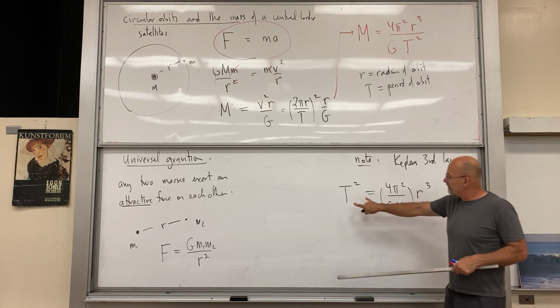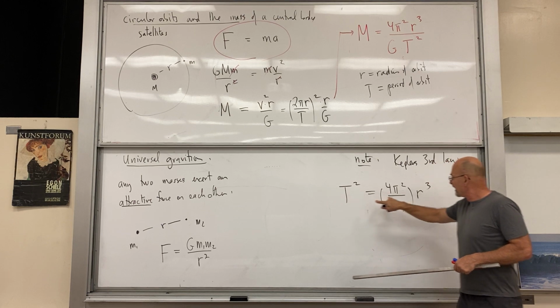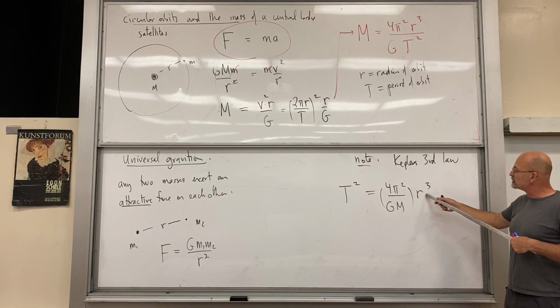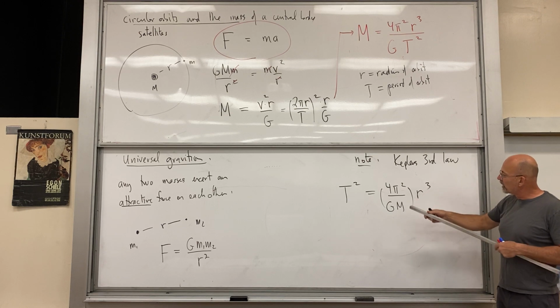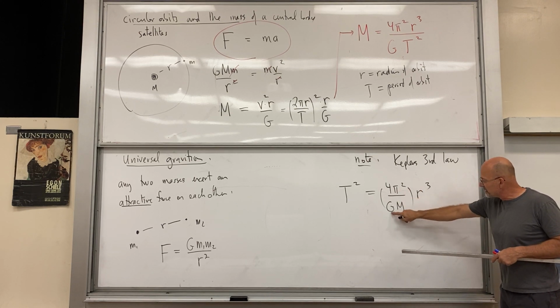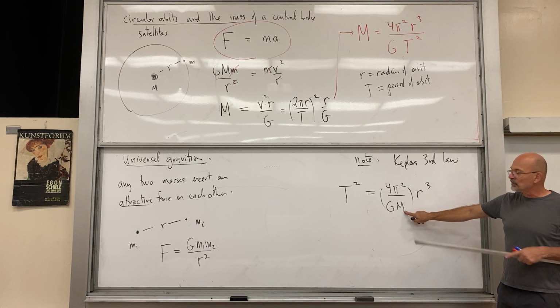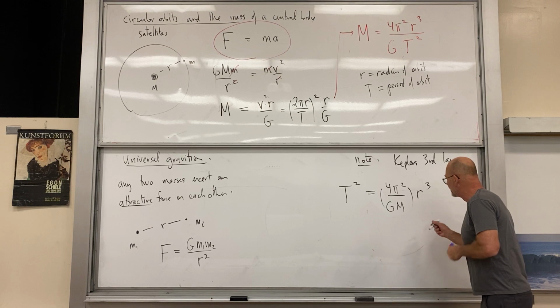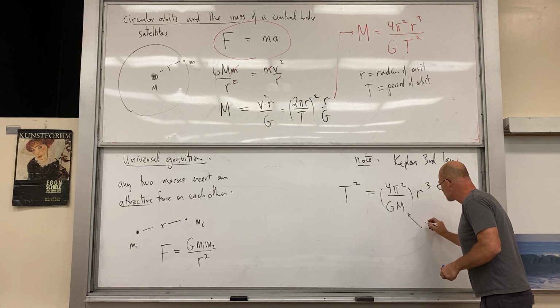Then you measure the periods and the orbital parameters of the moons of Jupiter, and for every one of them, that ratio will give you this number, 4 pi squared over G, but now the mass will be the mass of Jupiter. So this is always the mass of the central body.